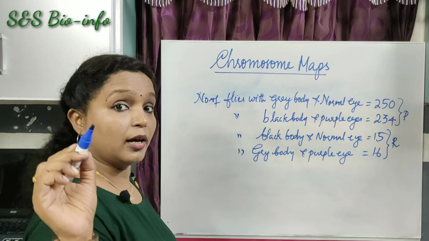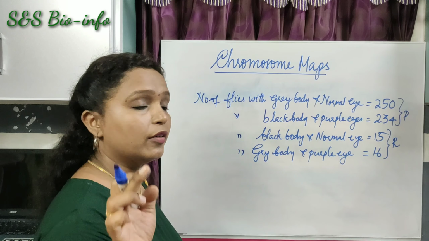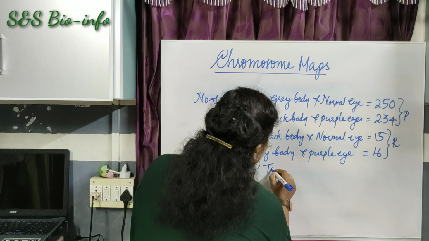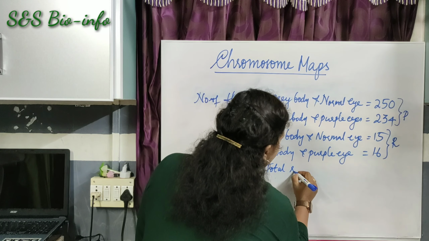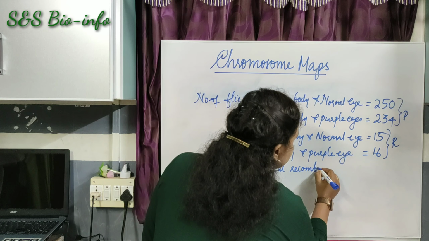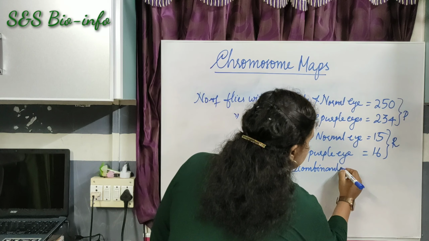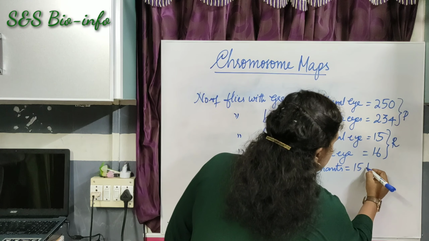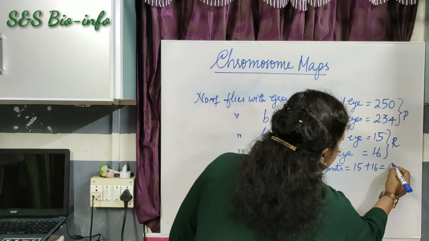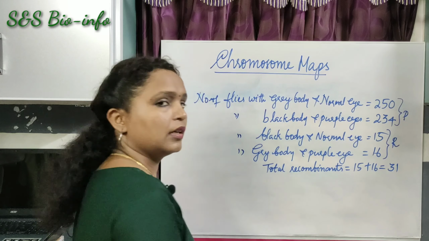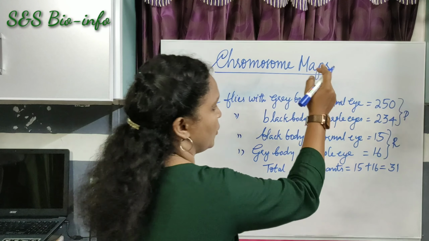Let's find out the total number of recombinants. Total recombinants is equal to 15 plus 16 is equal to 31. Then the total number of progenies.